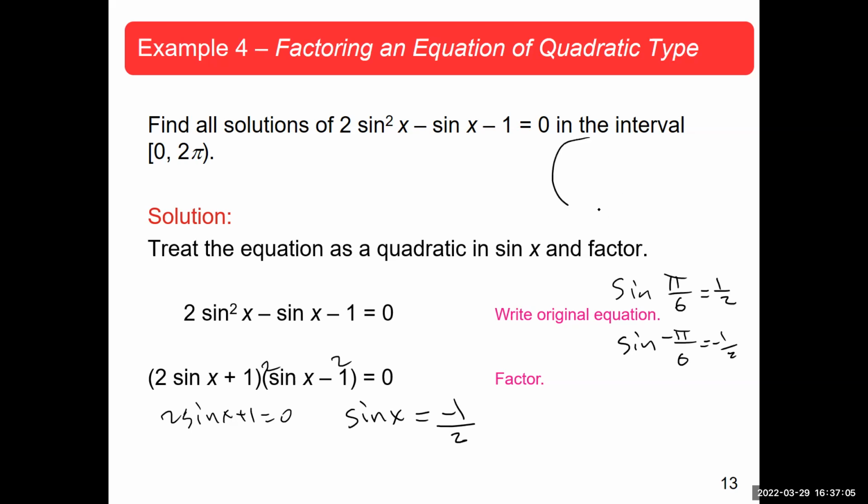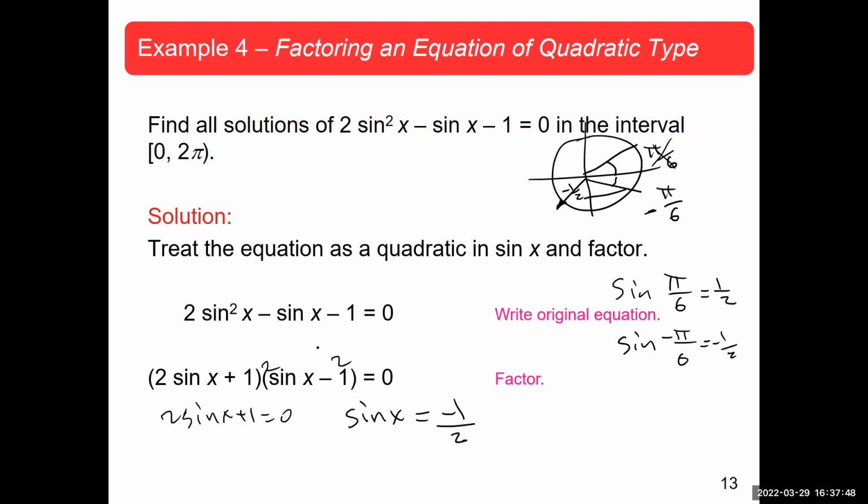Then you draw your circle. You say if this is negative pi over 6, that's the negative part, and this is pi over 6, the positive part. And you see here, the sine of this one is negative half, but this one is not. The other angle should be coming from here, like we did before.